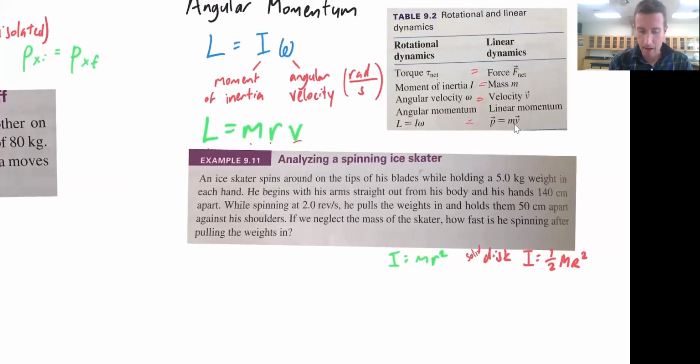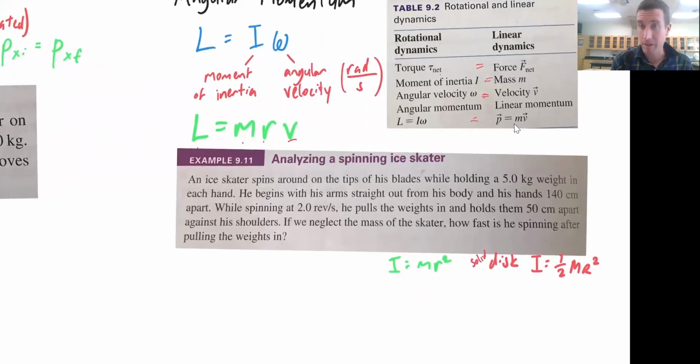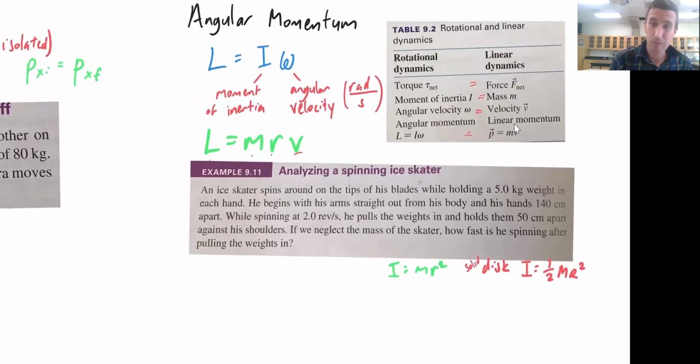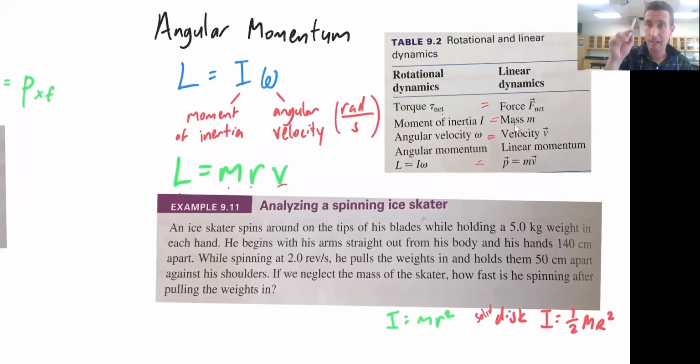And then angular velocity is just radians per second. Since there are 2 pi radians in a rotation or a revolution, another potentially helpful one is that angular velocity, omega, equals 2 pi times the frequency. 2 pi radians times the frequency, number of spins per second.